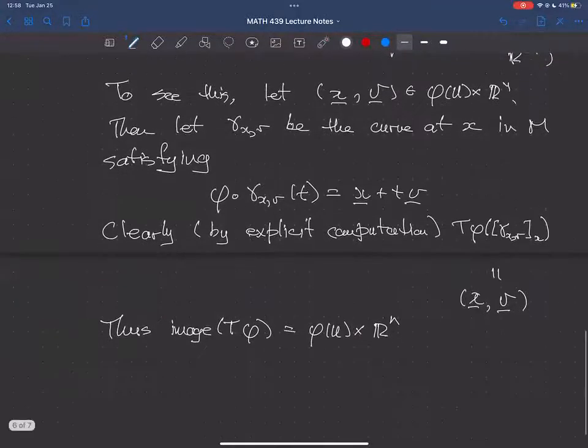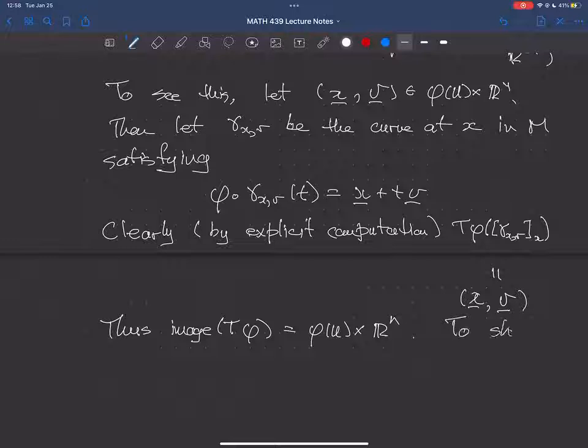Now I need to show that it's a bijection. I'm not going to carefully go through this. It's not difficult, but you have to think a little bit about this. What it amounts to is showing that there's always going to be a unique x bar and v bar for which... So I'll just write out the idea.